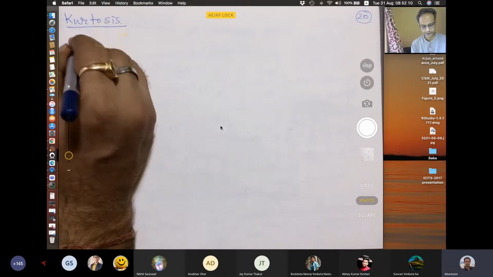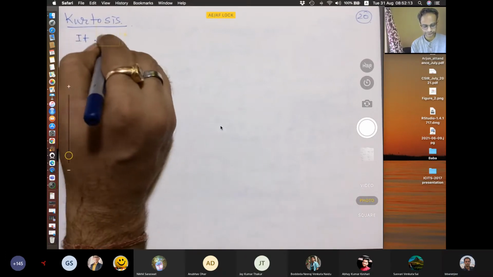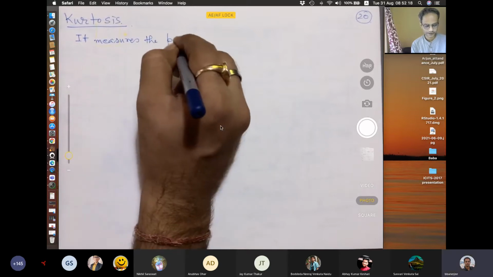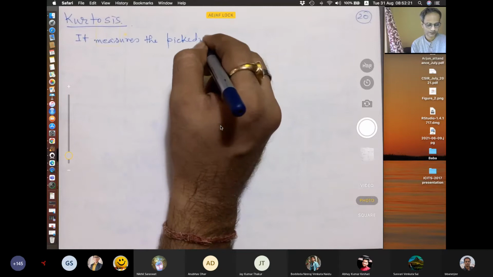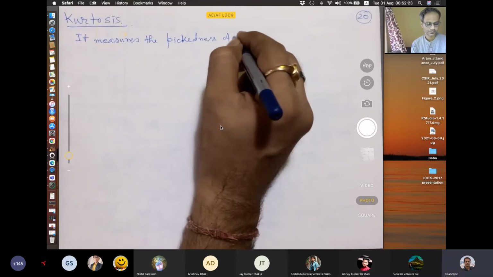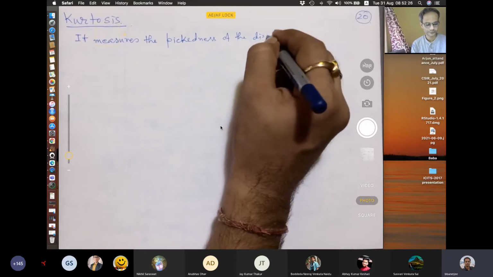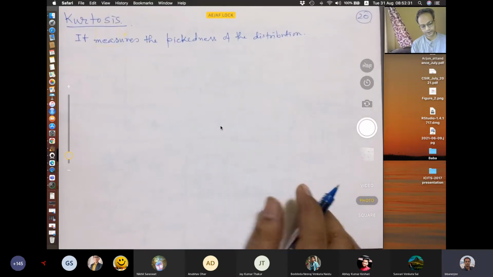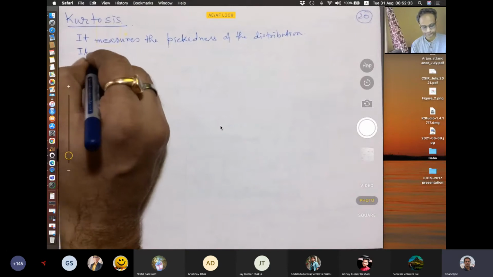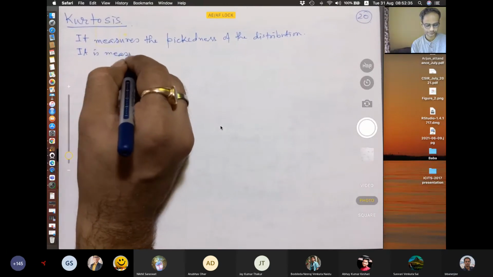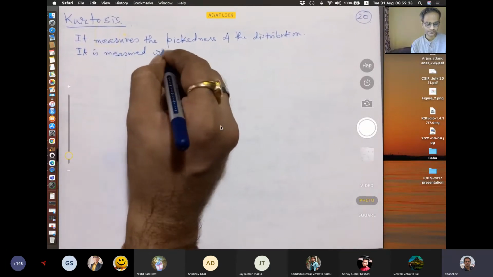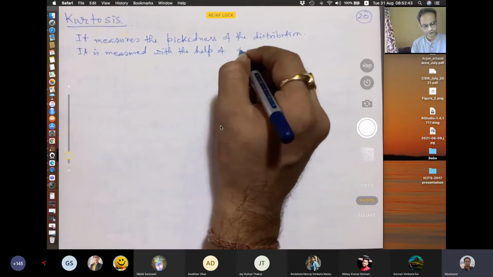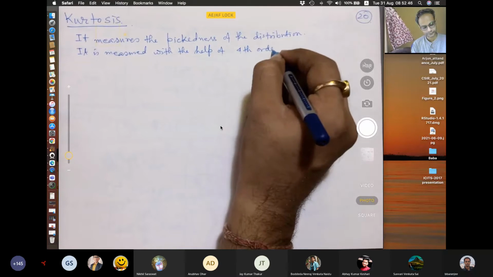It measures the peakedness of the distribution, and it is measured with the help of the fourth order central moment.